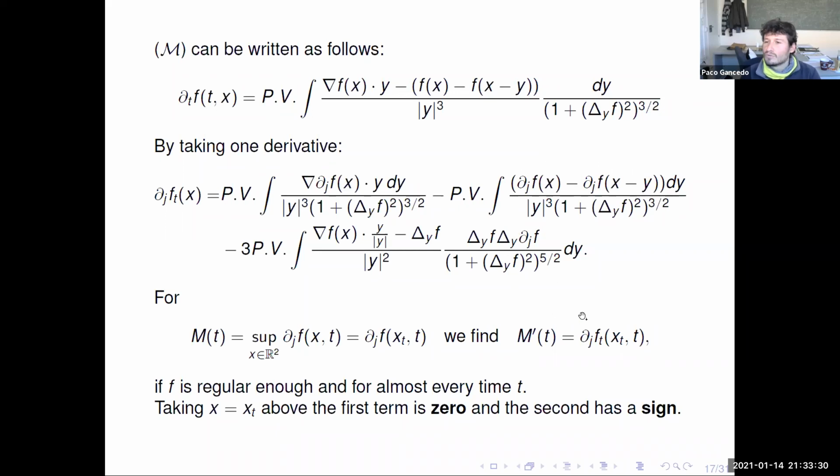So this has a sign which is in our favor, is helping us. And then what I have to control is this term over here. This term, if you think, is mostly cubic, but you see that they have this fraction here and then another fraction here downstairs, so I can cancel this guy.